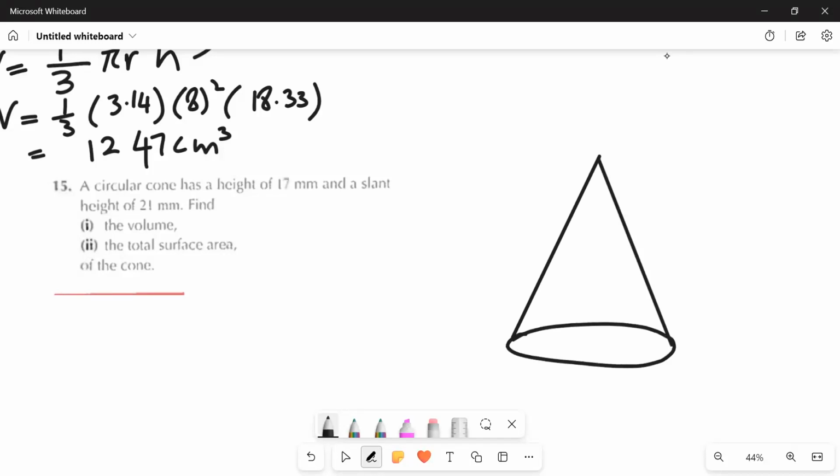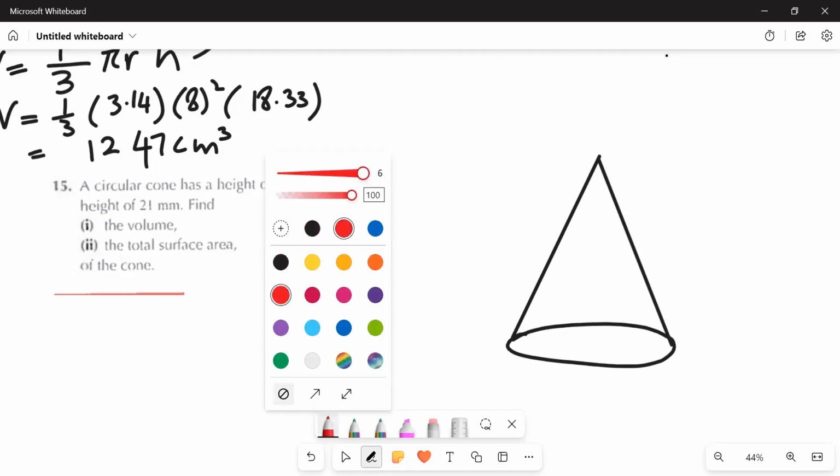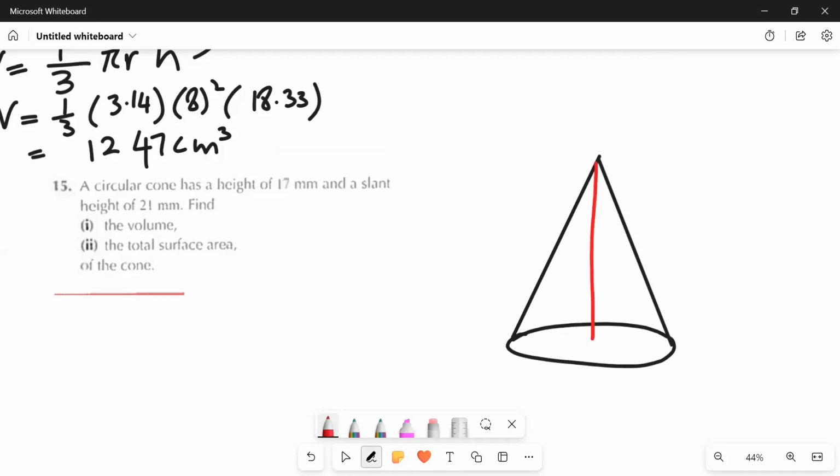Its height is given, that is 17, and the slant height is given, that is 21 millimeters. Find the volume and the total surface area of the cone.